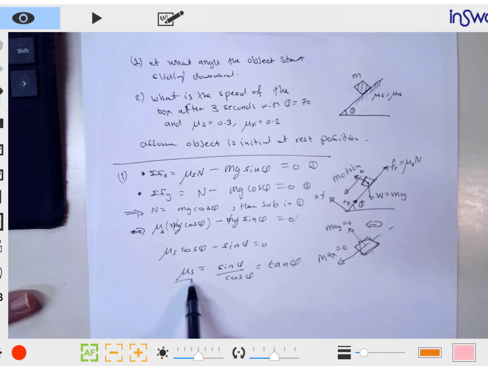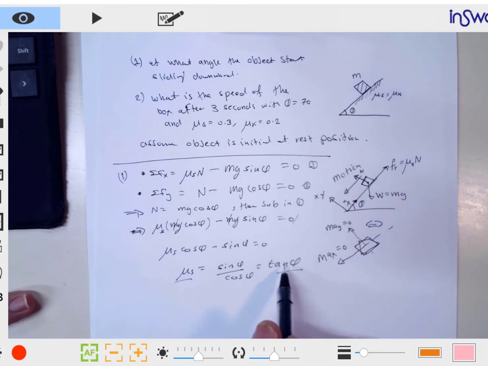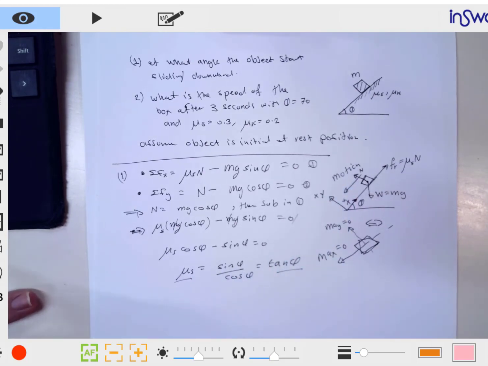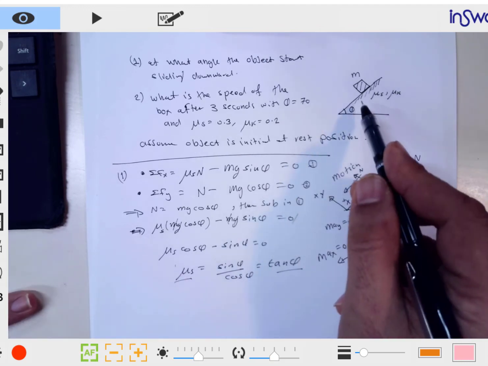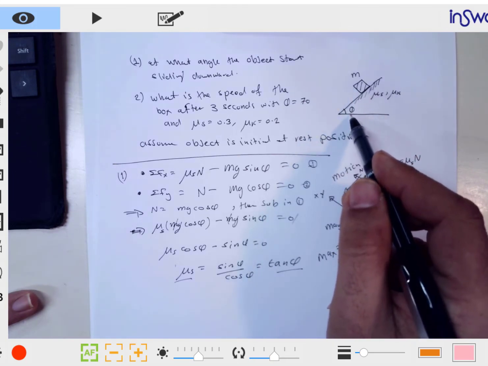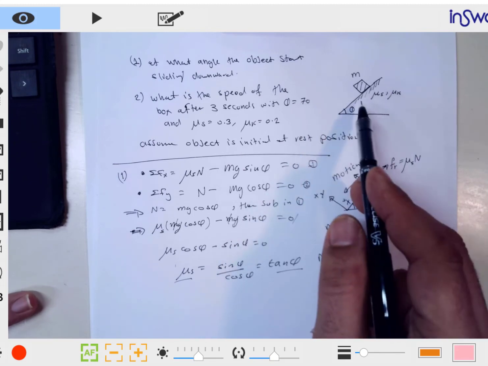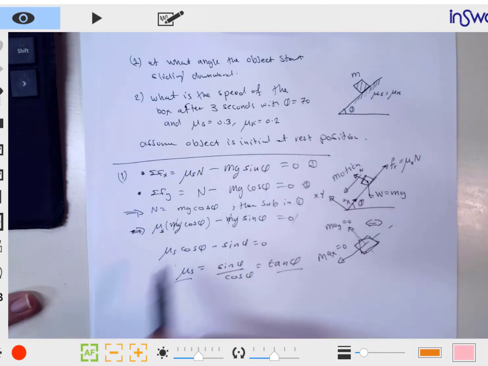that's the relationship between mu s and tan theta, the minimum angle required to move this object, which in fact tells us a lot, because if I want to find experimentally the value of the static coefficient of friction, I can conduct an experiment and monitor theta, and at this angle when the object starts moving, I can record that and calculate the tan of the angle to get mu s.